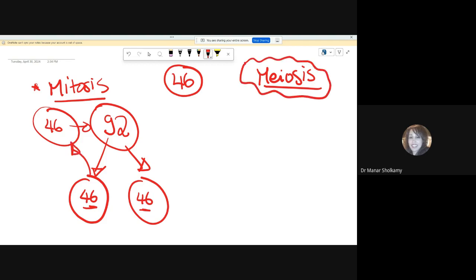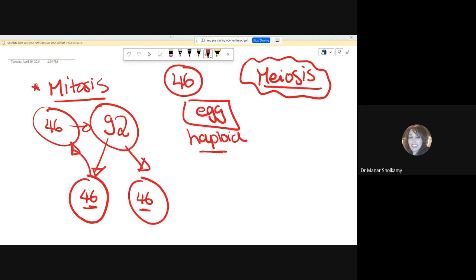Meiosis: here, we start by talking about the gametes. The gamete, let's say the egg. The number of chromosomes is haploid or diploid? Haploid. The question always asks in this format: why are the gametes haploid, or what is the significance of having haploid gametes?